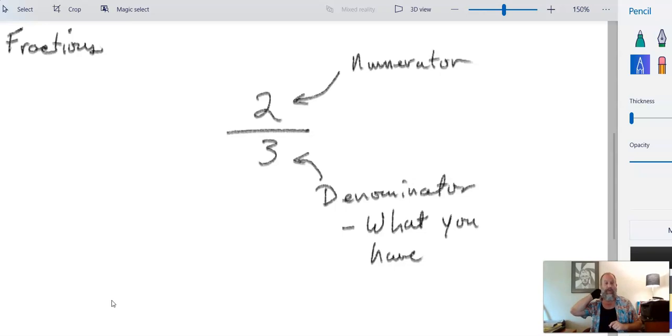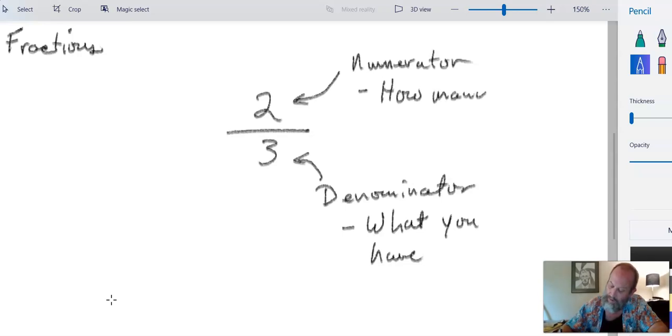So in this case, we have thirds, right? The numerator tells me how many of those I have. So the bottom tells me what I have, the top tells me how many you have, right? Of whatever you're talking about.